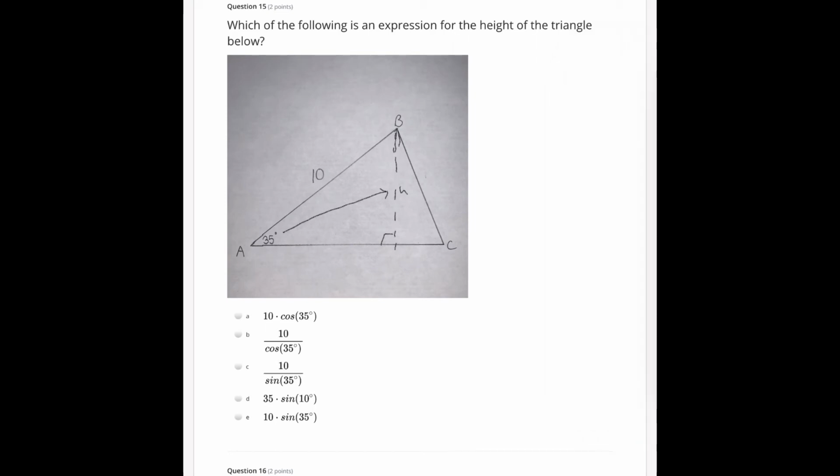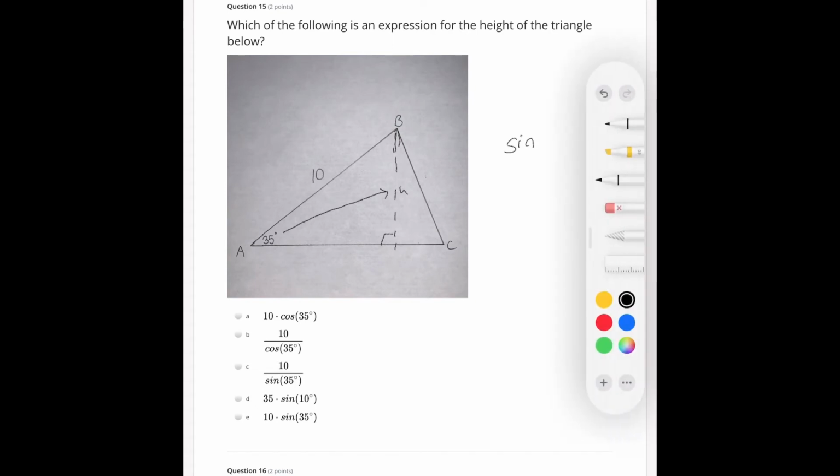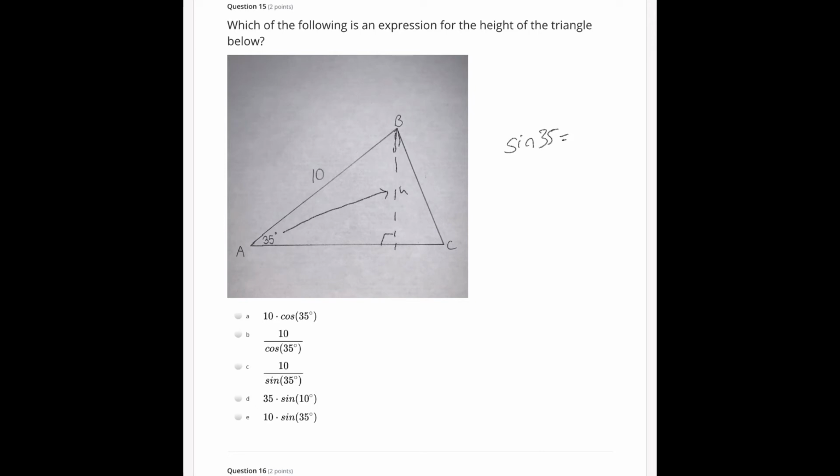So we'll do sine, which is opposite. Sine 35 equals opposite over hypotenuse, my height over 10. So my height is 10 times sine 35. That is an answer choice. Okay.